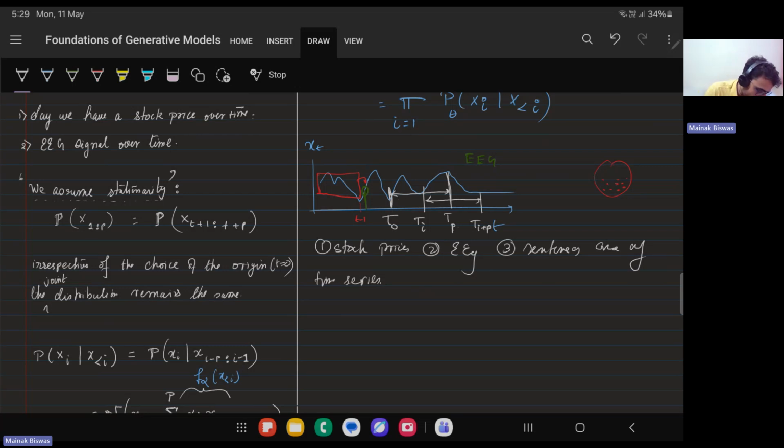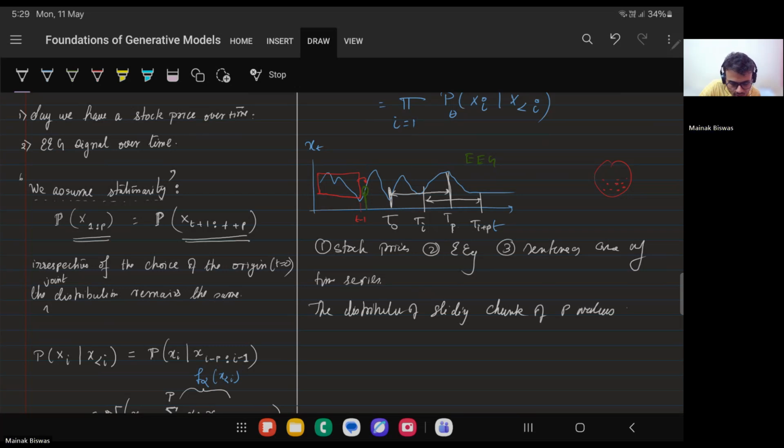So 1 to P is the same as t plus 1 to t plus P. If you take a sliding chunk of P values, the distribution is stationary, is the same. It's called stationarity.